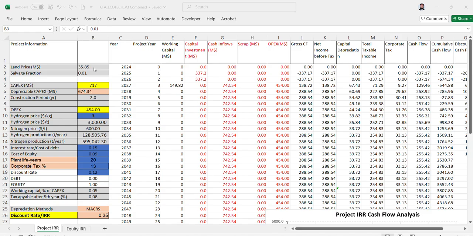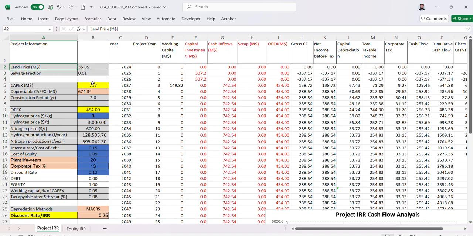So starting from the left hand side in column A, these are the parameters you need to have in order to do this analysis. Firstly, as you can see, the project information: land price, salvage fraction, capex.